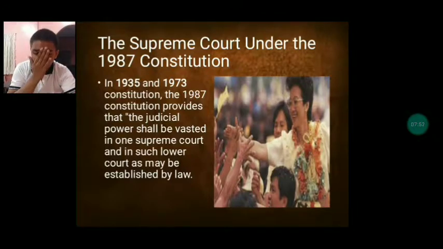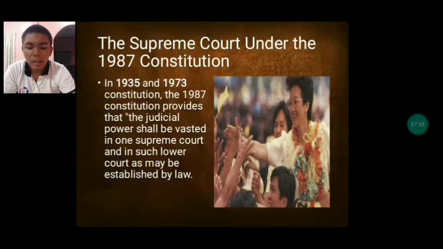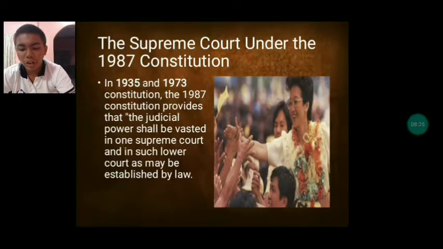Unlike in 1935 and 1973, however, the 1987 Constitution defines the concept of judicial power to include the duty of the courts of justice to settle controversies involving rights that are legally demandable and enforceable, but also to determine whether there has been grave abuse of discretion amounting to lack or excess of jurisdiction on the part of any branch or instrumentality of the government.